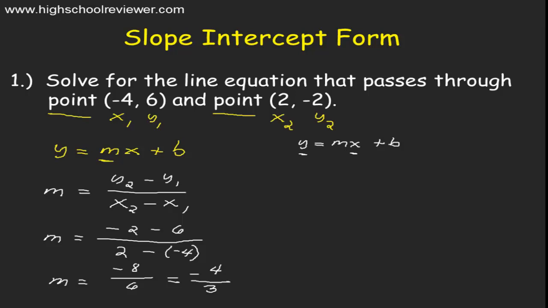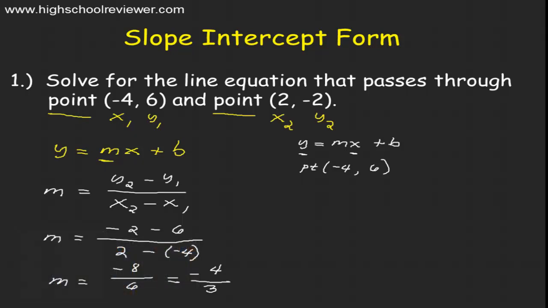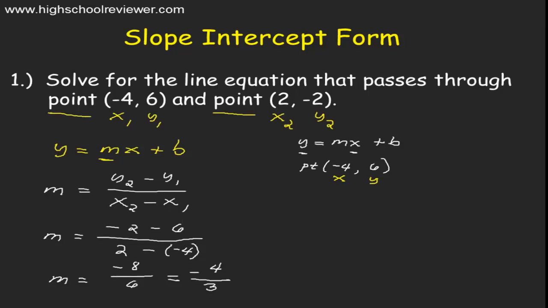So let us use point -4 and 6. So if that is the point that we will be using, our x will be -4 and our y will be +6.